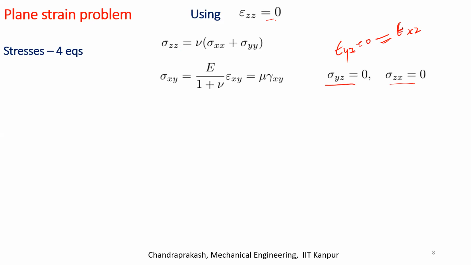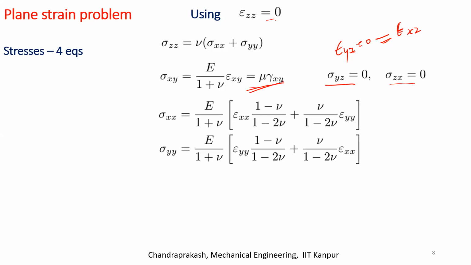So in the shear components, you have only one shear, which is in-plane shear, and you have the normal z component, and you have sigma xx and sigma yy. Those are there anyway, which we will see, right? And what is sigma xx and sigma yy? These are direct relations using the previous forward relations.